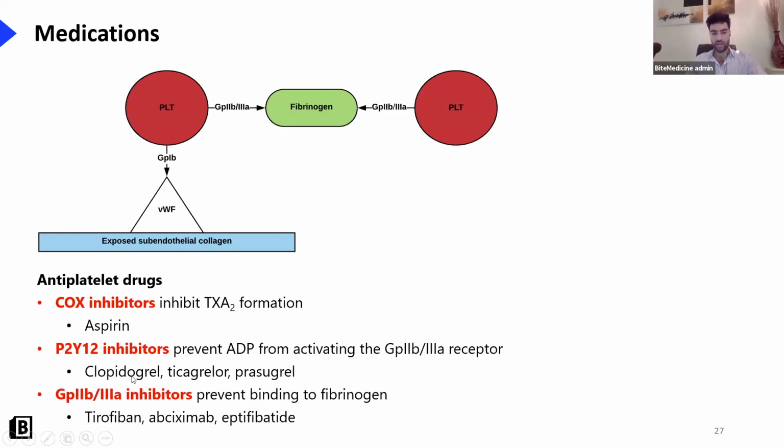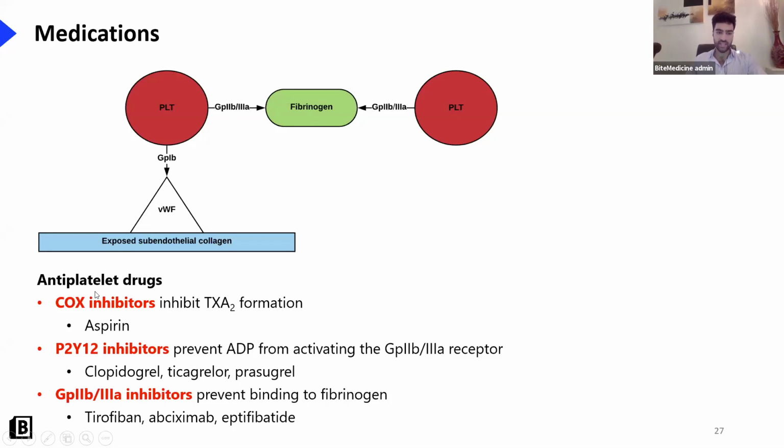Drugs like clopidogrel inhibit that process, and they therefore prevent activation of the GP2B3A receptor. And finally, you can have drugs which actually target the receptor itself, and they include tirofiban, abciximab, and eptifibatide. And they actually prevent the receptor directly from binding to fibrinogen.